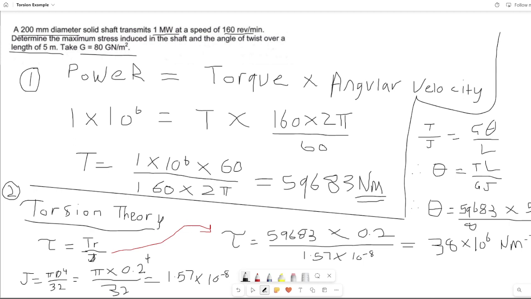Again, we would need to convert it into giga. And then we multiply that by what we've worked out for J, which is 1.57 times 10 to the minus 8.